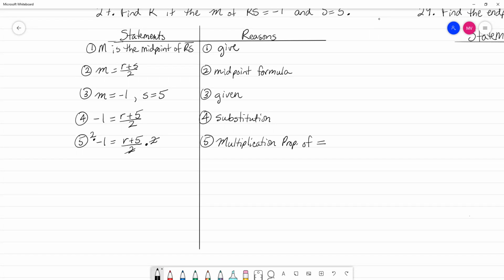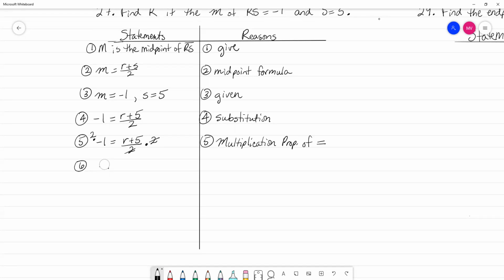That says that you can multiply or divide, because division is just multiplying times the reciprocal. As long as you do it to one side of the equation, you must do it to the other. And then it will still give you a correct answer that is valid mathematically.